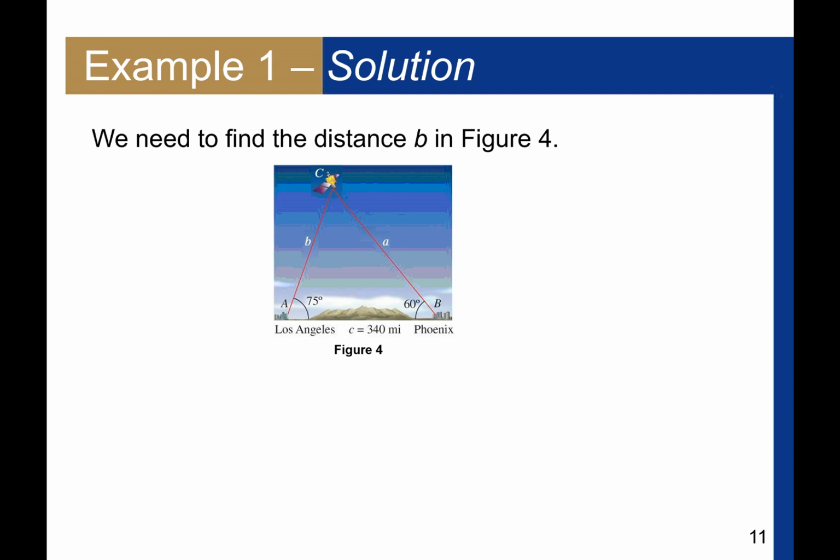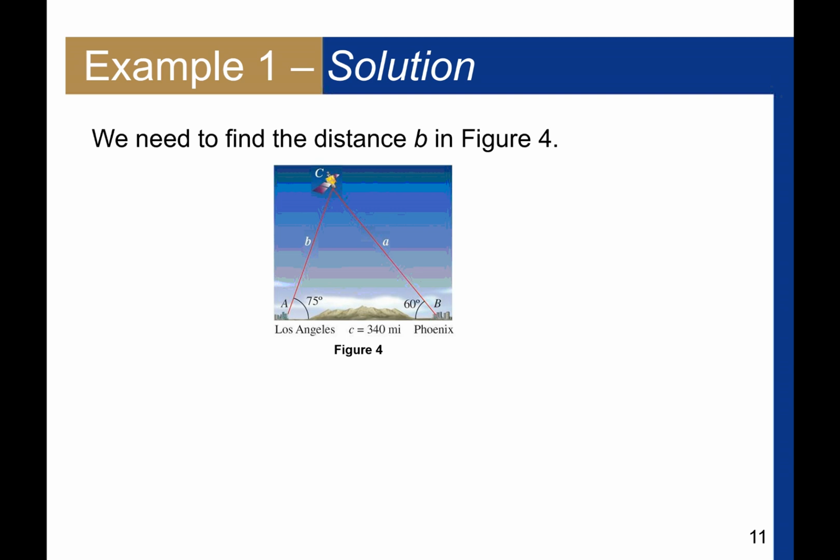Well, then, just finishing labeling the picture, they told us the distance between Phoenix and Los Angeles is 340 miles. Now, if we have the satellite labeled as point C, the 340 miles is the side that's opposite from angle C, so that's why we're using the lowercase c for that side length.